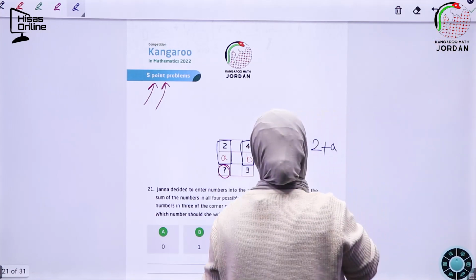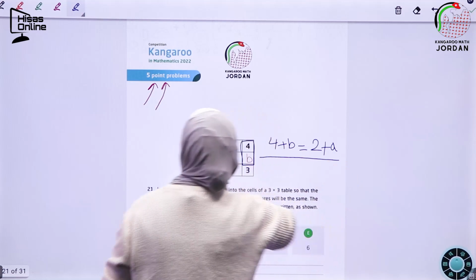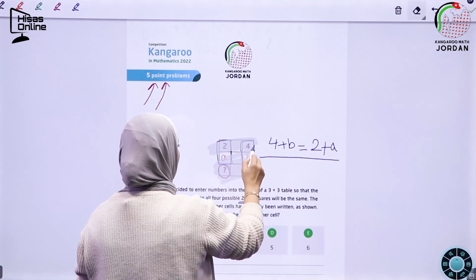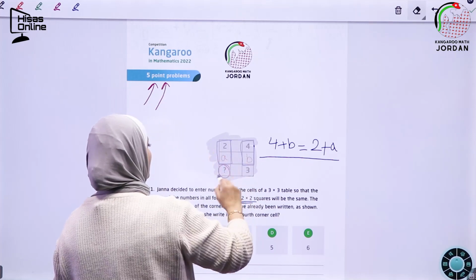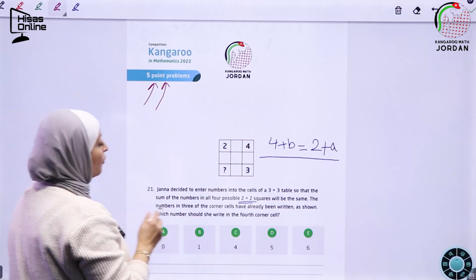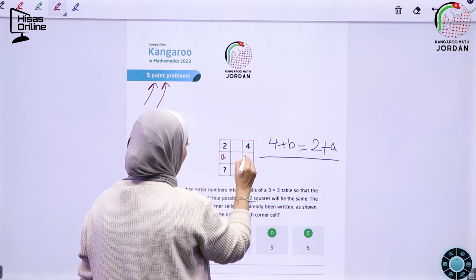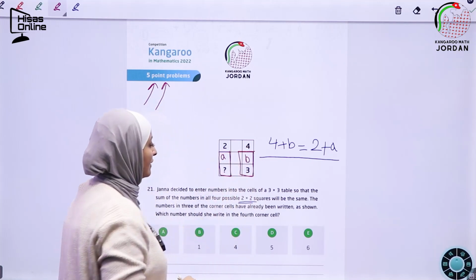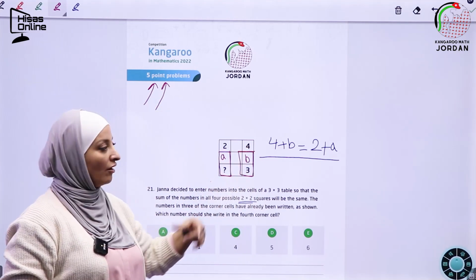Let's use the eraser to see the second thing we can do. We said here is A, here is B, and we can also have it like this together. And every time they are equal.